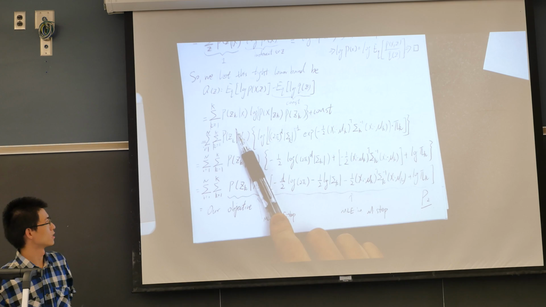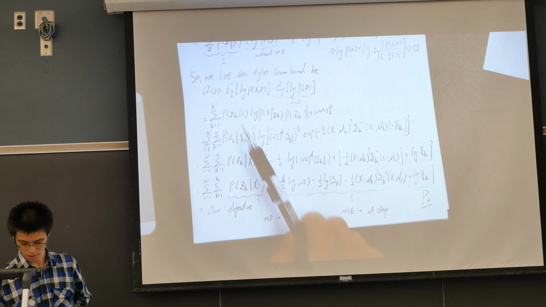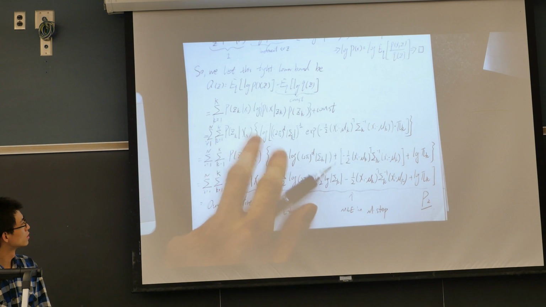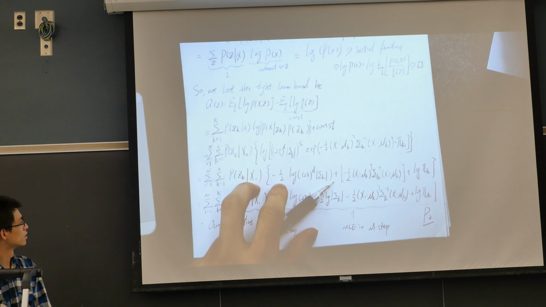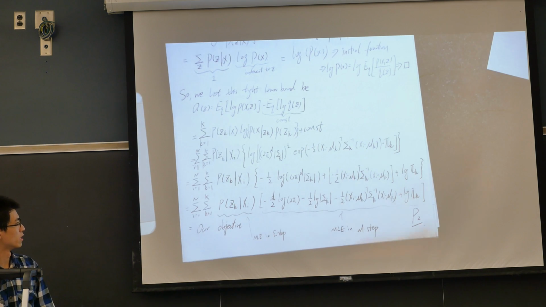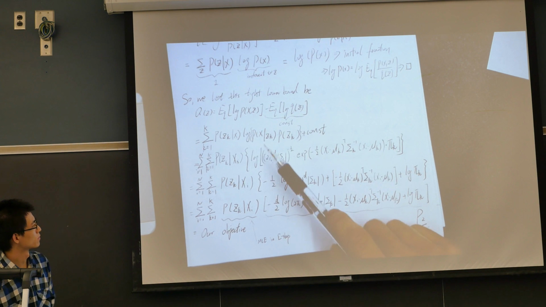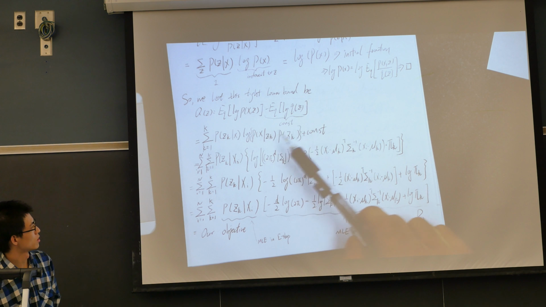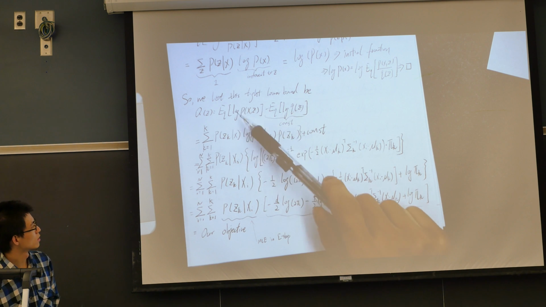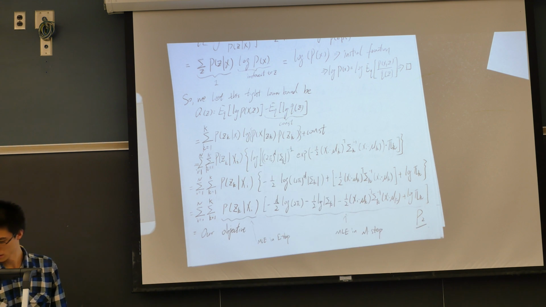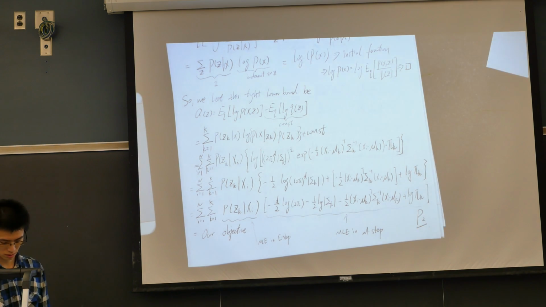So recall that the P of Z given X is what we got previously in Q of Z, and this term is simply this.